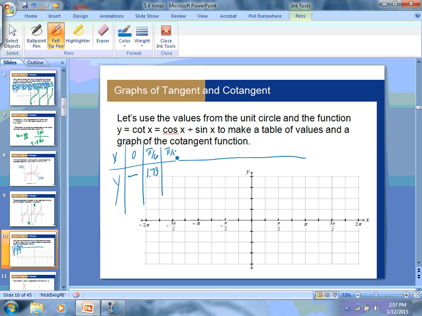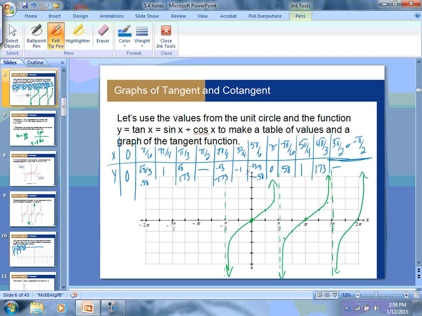At pi over 4, I would end up with 1. Square root 2 over 2 and square root 2 over 2. At pi over 3, I would end up with the square root of 3 over 3 when I simplified everything down. So I get the 0.58 again. Now, notice that that's kind of the opposite of what we had before.